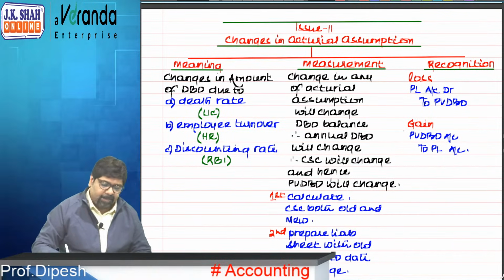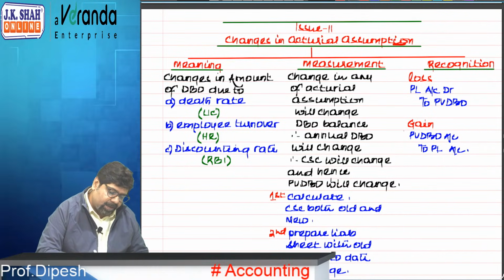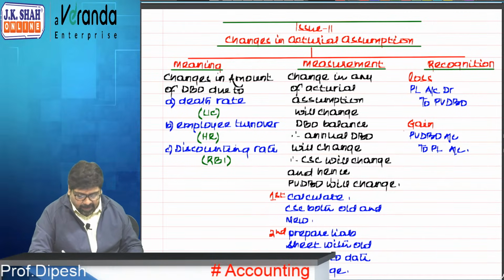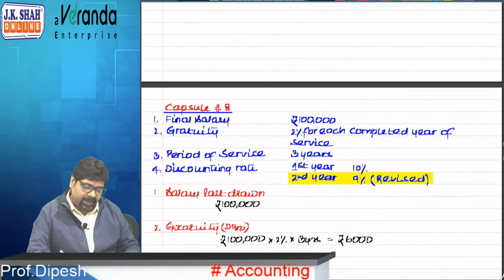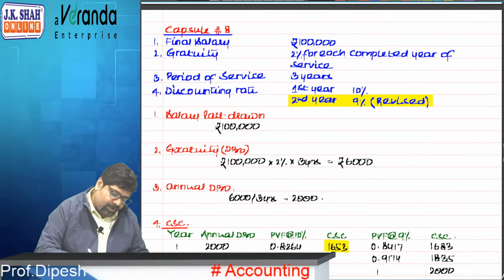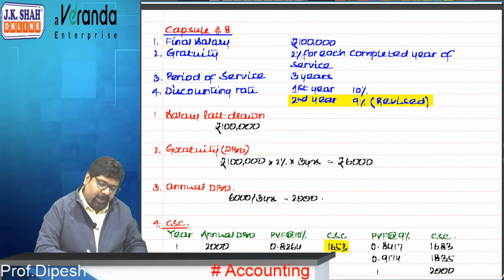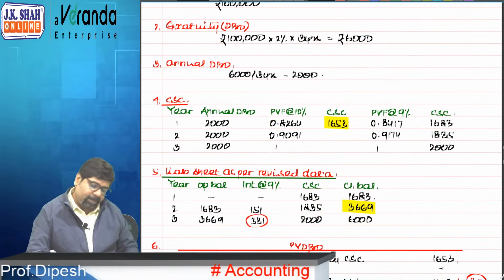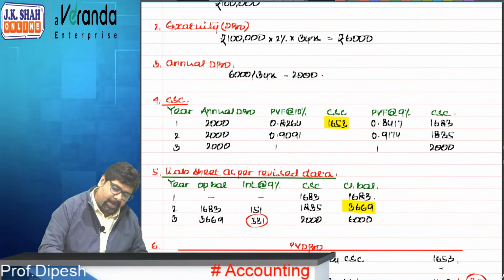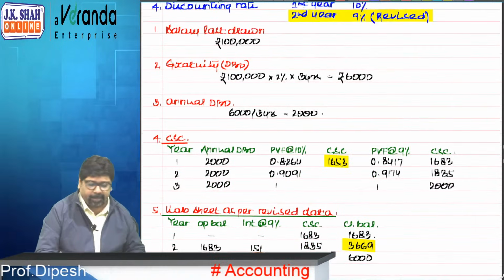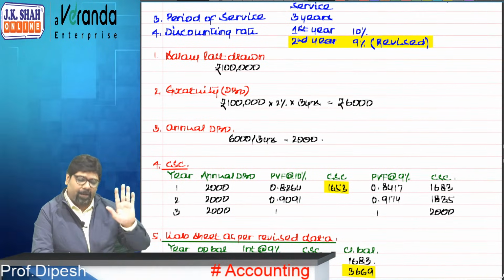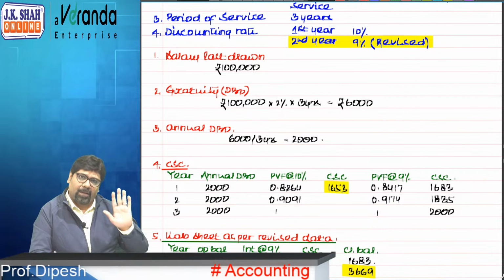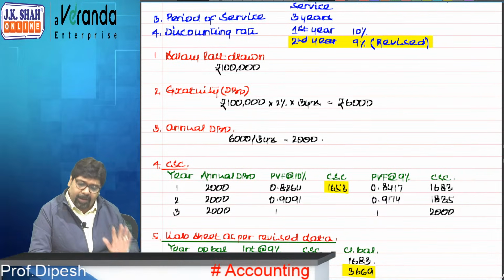Now, changes in actuarial assumption. If there is a change in discounting rate, first year ka discounting rate is 10%, second year ka 9%, then what you are supposed to do? Remember, step 1, salary normal, step 2, gratuity normal, annual DBO normal.